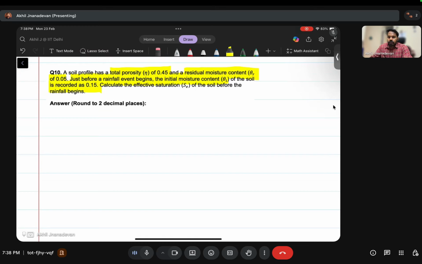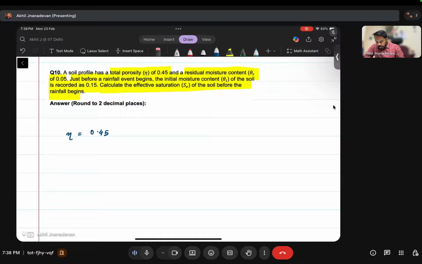So we need to calculate the effective saturation of the soil before the rainfall begins. We are given the porosity eta, equal to 0.45. This is just to introduce you to some relations that have been derived, which we'll be using in the case of the Green-Ampt method.